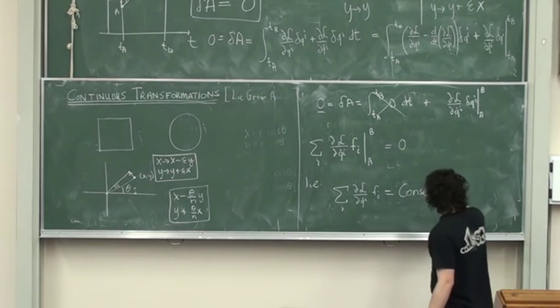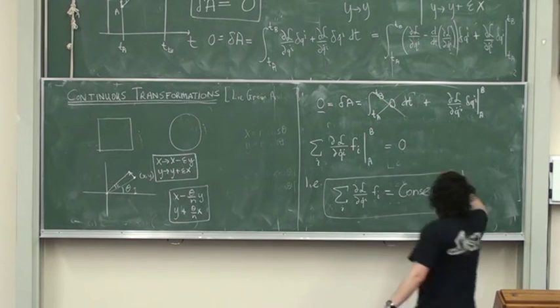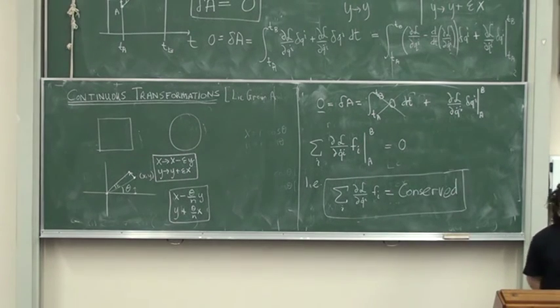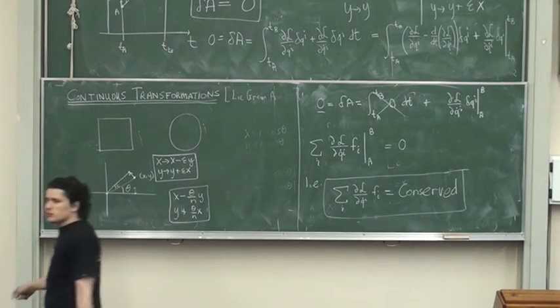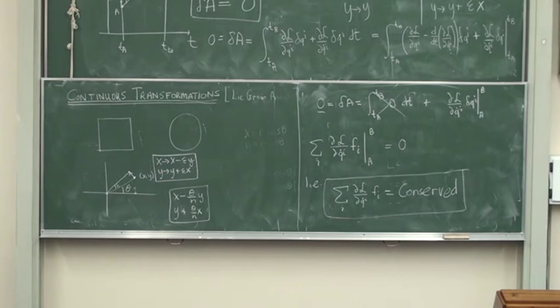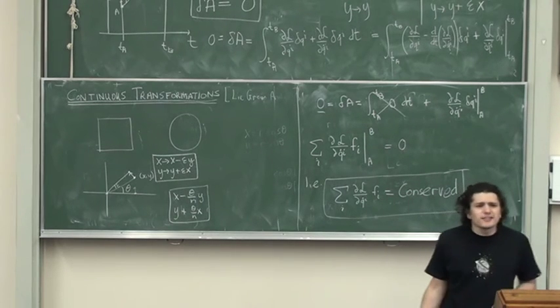And I'll say conserved quantity. Now I'm going to use this theorem to derive some conserved quantities, and you will notice when we do this that they are very familiar indeed. But you will now have a new understanding of where these kinds of things can come from.